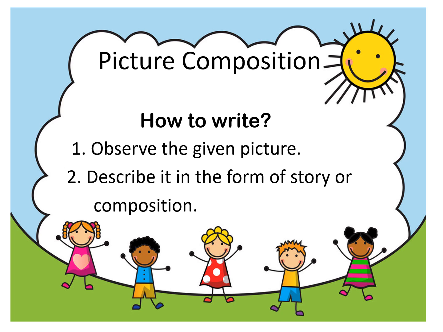To write a picture composition, it requires the writer, that is you, to carefully observe the given picture and describe it in the form of a story or composition having meaningful sentences.